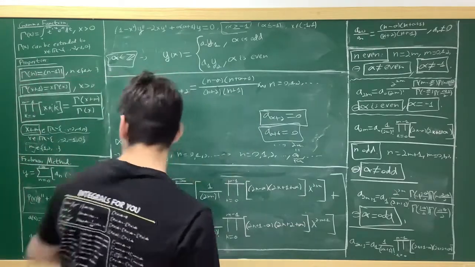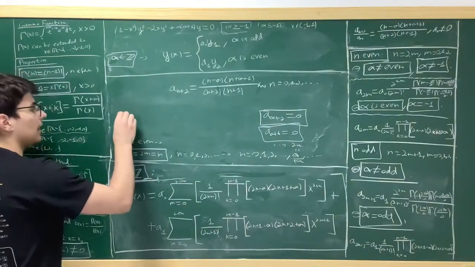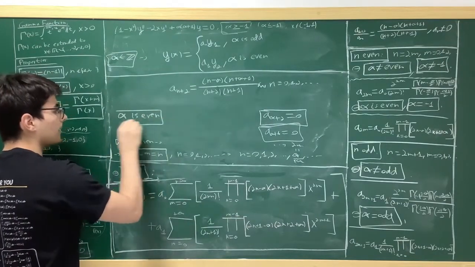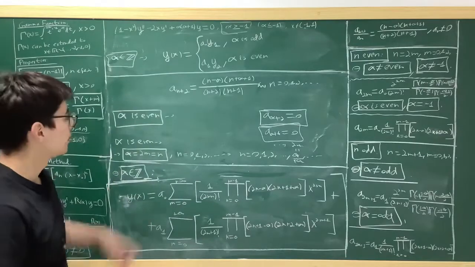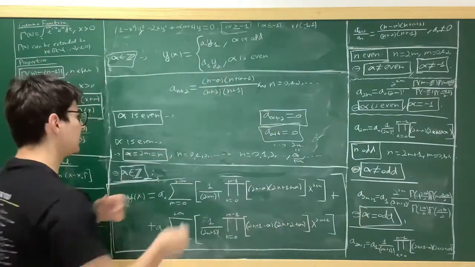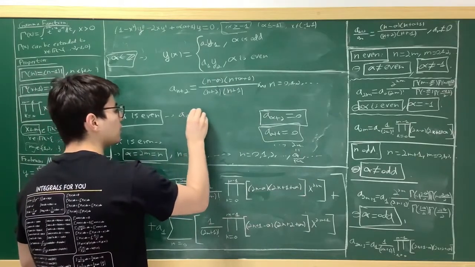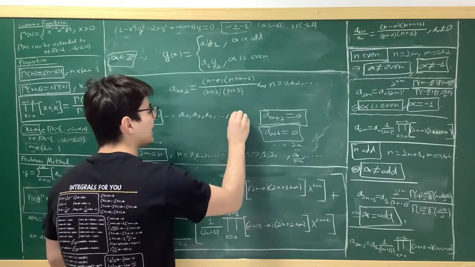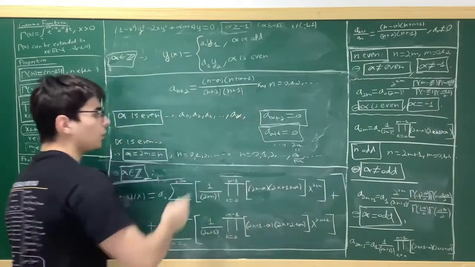This means that if alpha is even, then the even terms will cancel out after a_alpha. That is, we will have a_0, a_2, a_4, and so on up to a_alpha, where alpha is even.